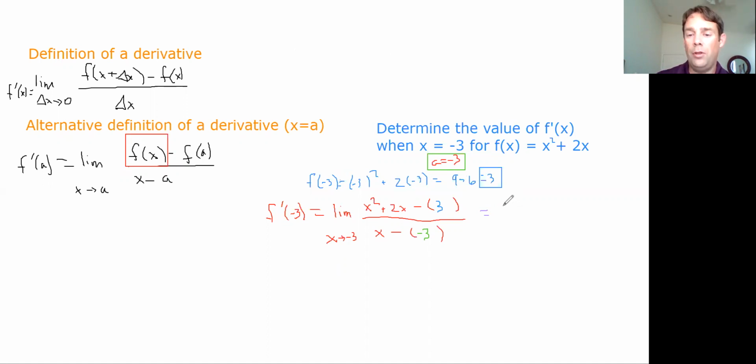You have 3 minus 3 all over negative 3 plus 3, which is 0 over 0. So it is indeterminate. So I'm going to go back and use my rules of indeterminacy, or if it's indeterminate, it means I can rewrite it.